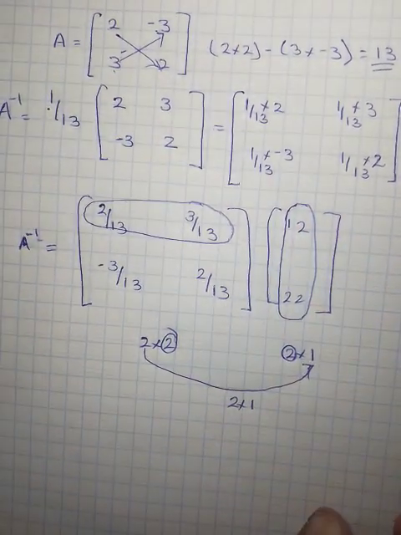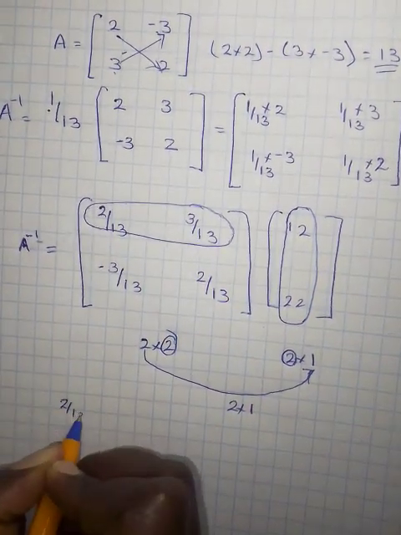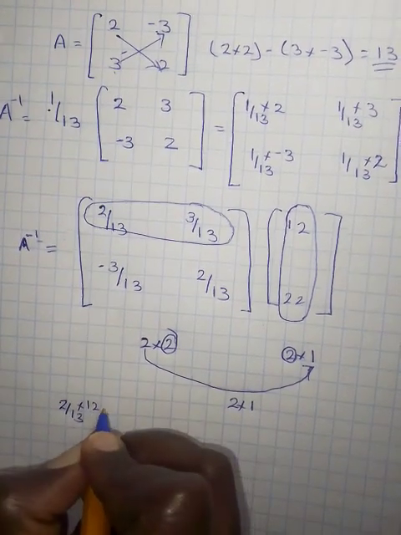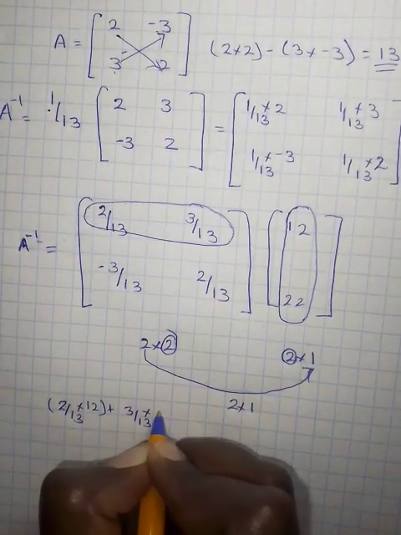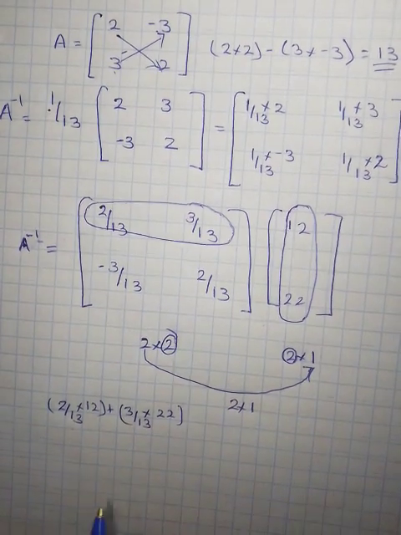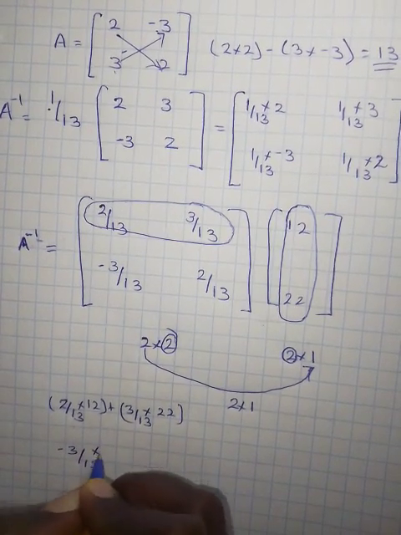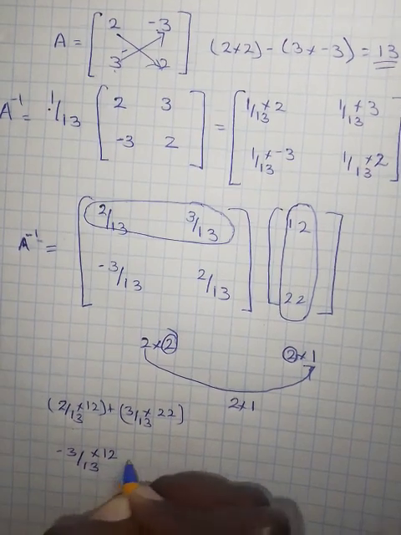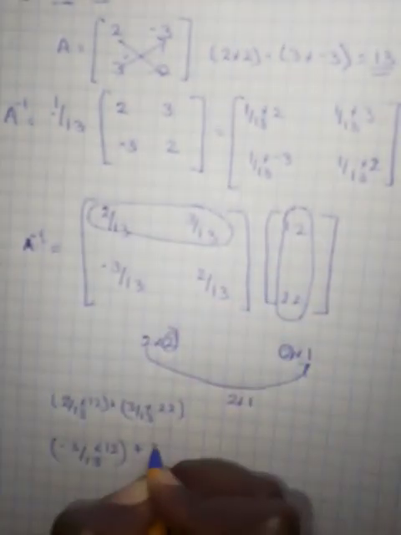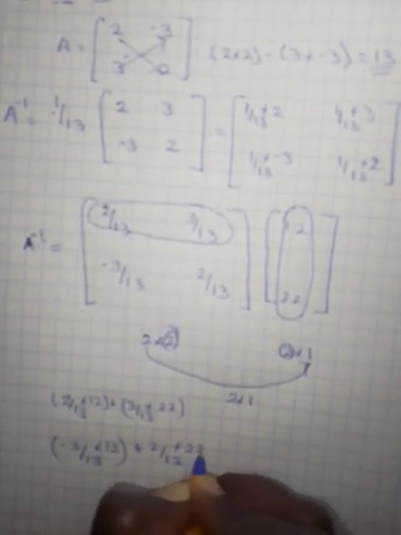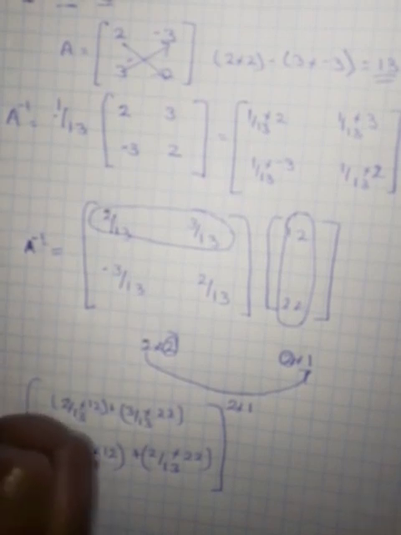So that will be 2 over 13 times 12 plus 3 over 13 times 22, and then negative 3 over 13 times 12 plus 2 over 13 times 22. That will give us x and y.